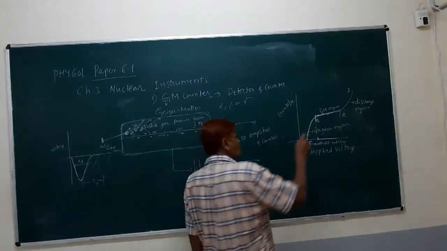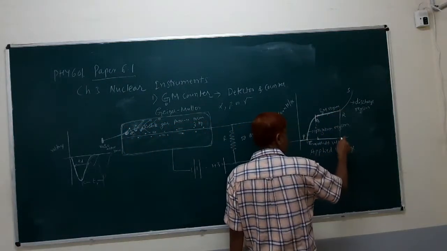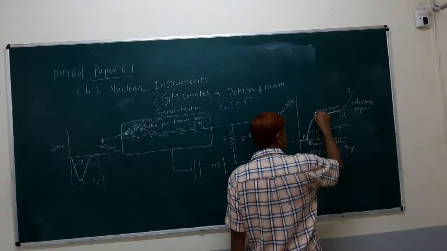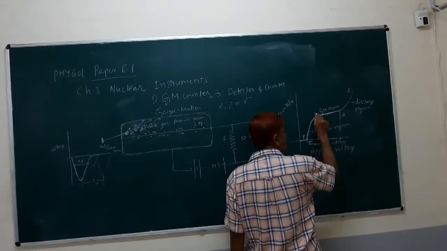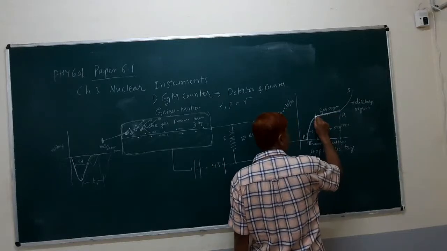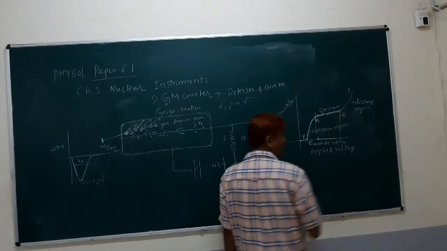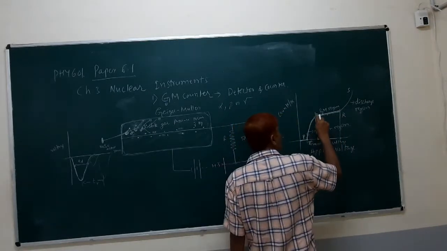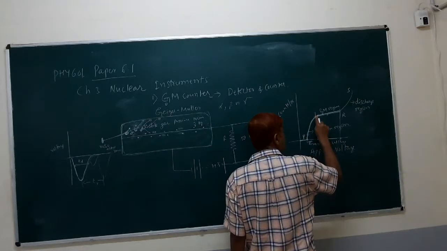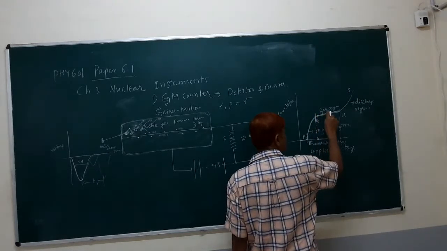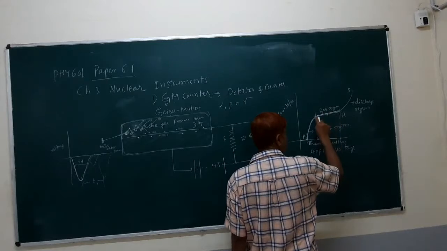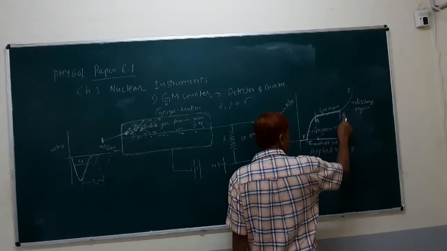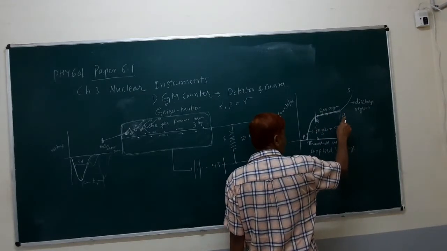Up to this voltage, this is the start of the Geiger region, or plateau region. It is called plateau because it is flat. This is the start of the Geiger region. This is called the GM region, or plateau region, and this is the end of the plateau region.